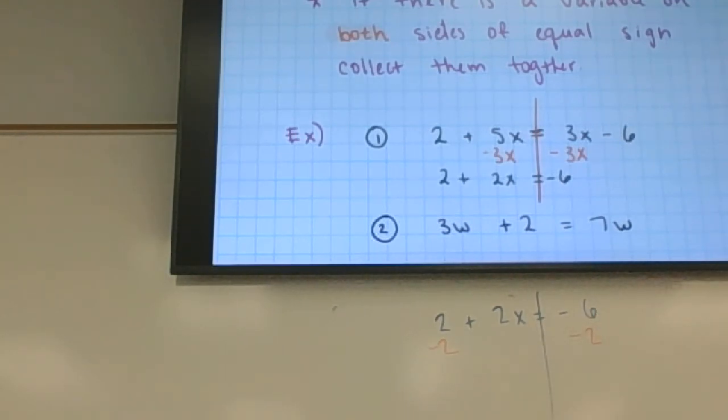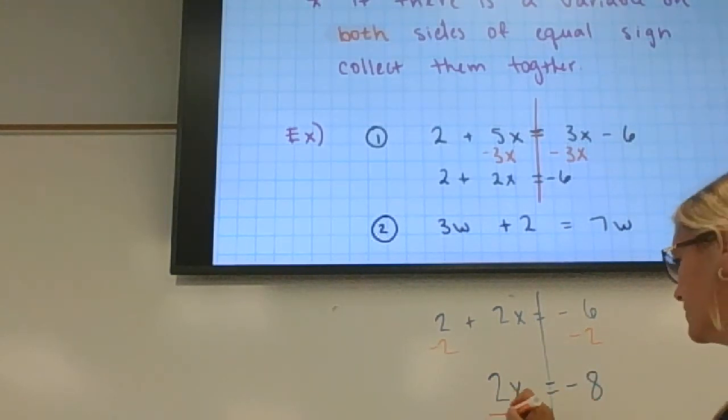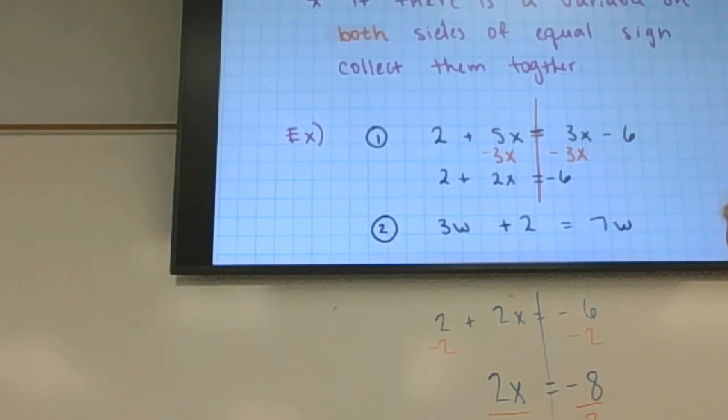So I'm going to subtract the 2 over. I get 2x is -8. And x is -4.